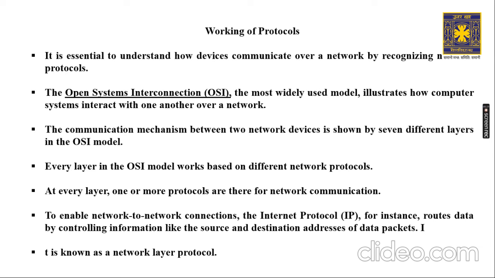To enable network to network communication, the Internet protocol, for instance, routes data by controlling information like source and destination addresses of data packets, so it is known as a network layer protocol. Let us consider the network layer of the OSI reference model. In the network layer, there is a protocol called IP, Internet protocol. It is responsible for carrying a packet from the source computer to the destination computer. This is the function of this protocol. Similarly, other protocols are responsible for different functionalities. So let us move to the next slide.